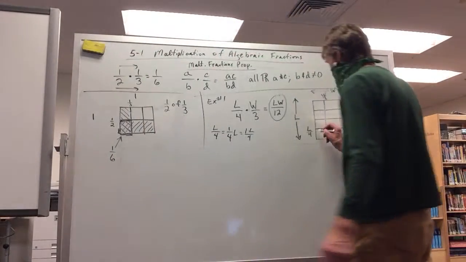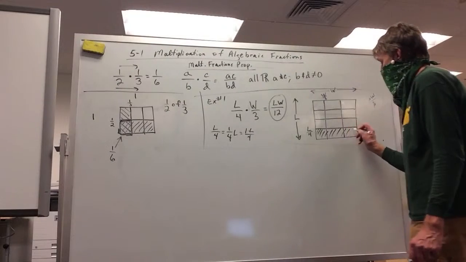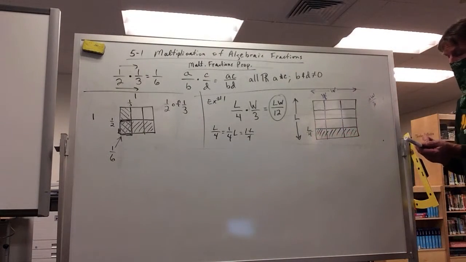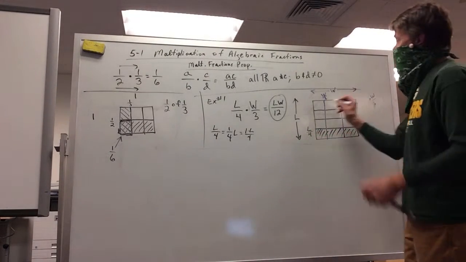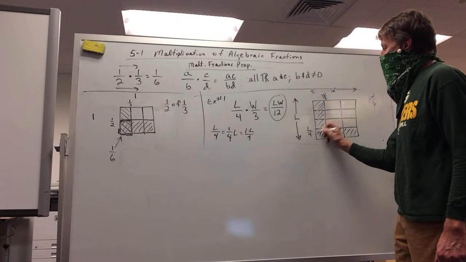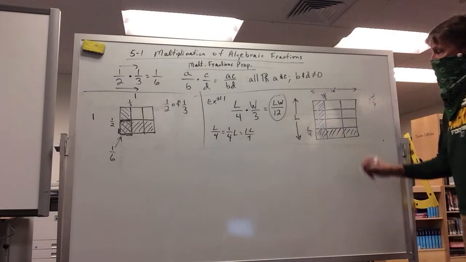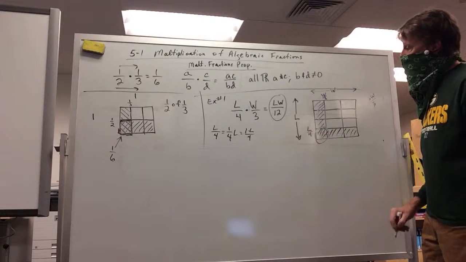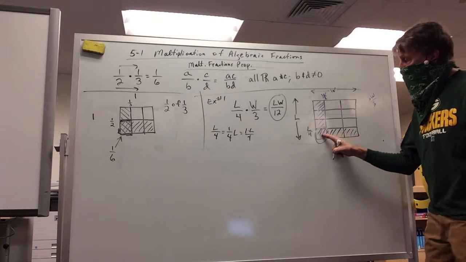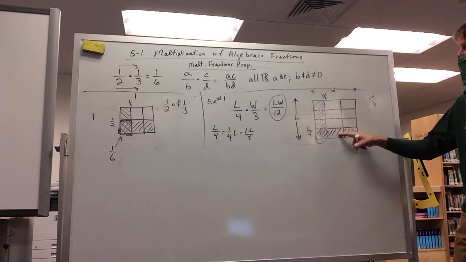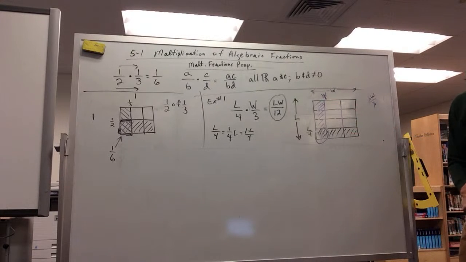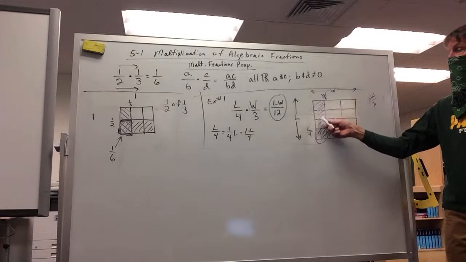So then we come along here and we say, well, there's our shading of the 1/4 of the L. And then here's our shading of the 1/3 of the width. And where they overlap is right here. So this is 1 part of how many total? What's the total number of parts?